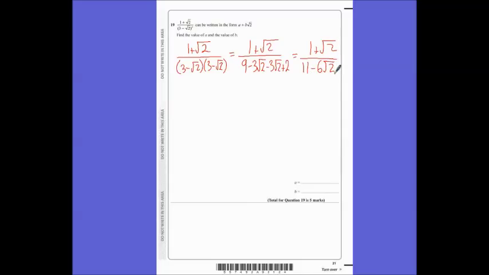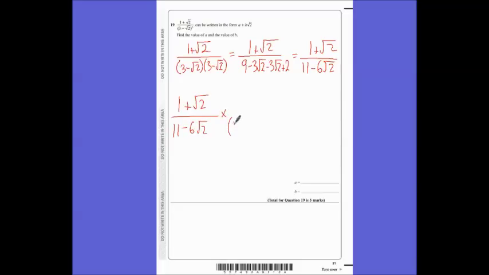Now, to rationalise the denominator, we need to use the difference of two squares. So we're going to multiply the top and the bottom, which was 11 plus 6 root 2, sorry, that should be a plus sign. We're going to multiply the top and the bottom by the opposite of the bottom.